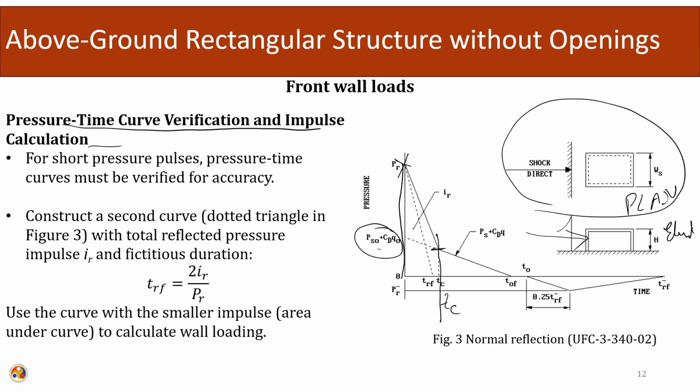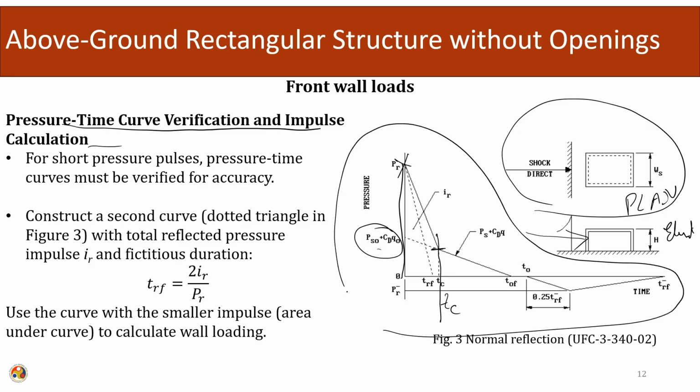For short pressure pulses, pressure time curves must be verified for accuracy. This is the equivalent design curve that we will use for the blast loading. We have to construct a second curve where the intensity due to the reflected pressure is used, PR half equals the intensity. This is the same principle that we have used.